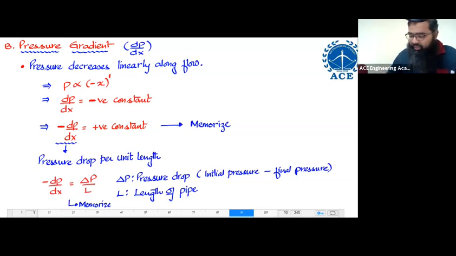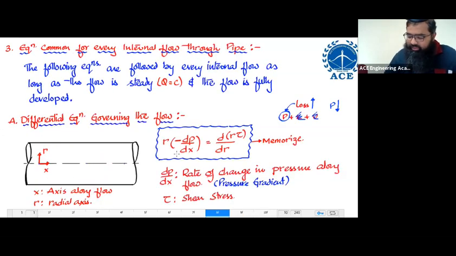Now comes the third point. देखिए, I hope minus dp by dx is clear to all of you. Now I'm coming to probably the most important point in the entire chapter, tau, which is called shear stress. Delta P by L is a constant. For a particular pipe, delta P by L has to be a constant.